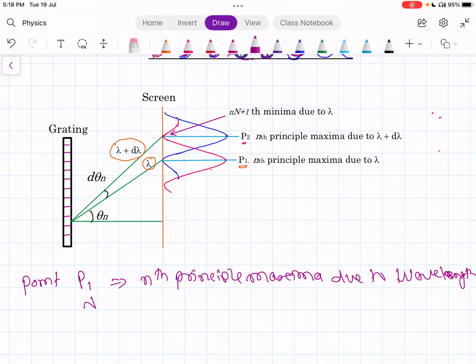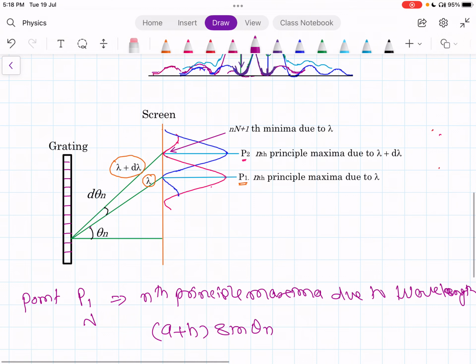For the nth principal maxima, the equation is A plus B sine theta n, because we get this in the direction theta n. We get the nth principal maxima due to wavelength lambda in direction theta n.